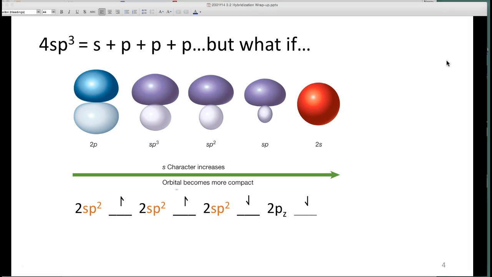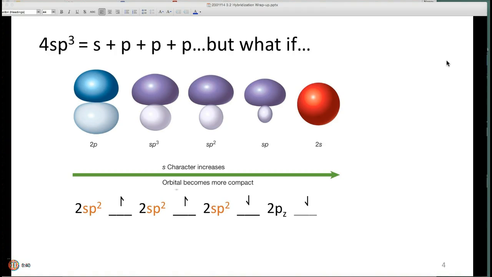As we do this, you want to think about the shapes of the orbitals that will result. And the shapes of the orbitals that result are going to simply be based on what we started with. An s orbital is spherical. The p orbital looks like a dumbbell.